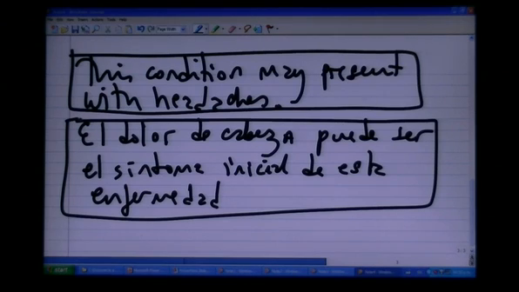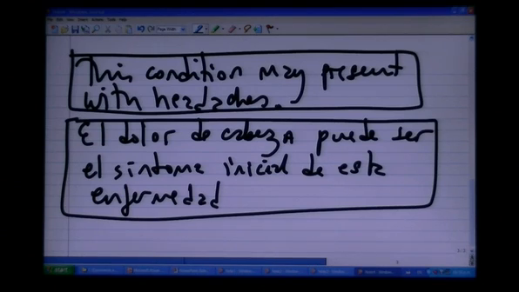Now, obviously, we needed to wait. In English, the sentence ends with headache. In Spanish, it begins with headache. So not everybody can do this. But of course, if you say, esta enfermedad se puede presentar con dolor de cabeza, it's fine interpreting.